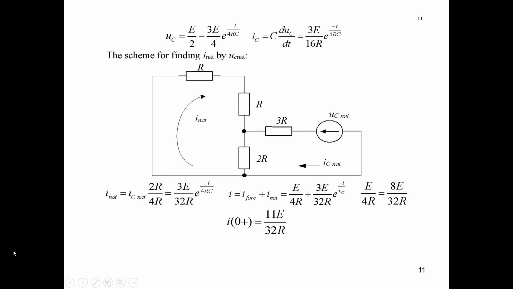And from here, we can easily determine also IC. It will be C dUC by dt, and the derivative of the forced item, a constant, is equal to 0.